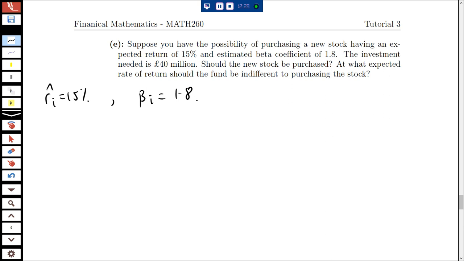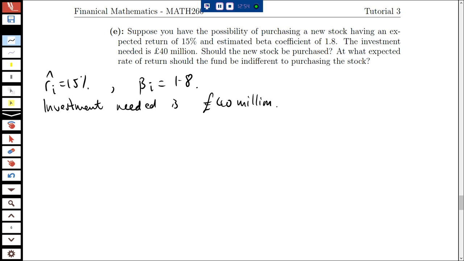The investment needed is 40 million. Should the new stock be purchased? At what expected rate of return should the fund be indifferent to purchasing the stock?